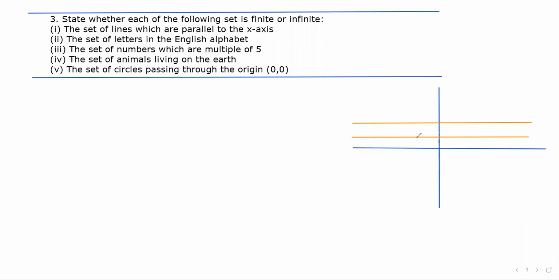So you can have one line passing through each of these infinite points on the y-axis. The equation of any line parallel to x-axis is y equals c. c can hold any value on the y-axis. So the first is an infinite set.